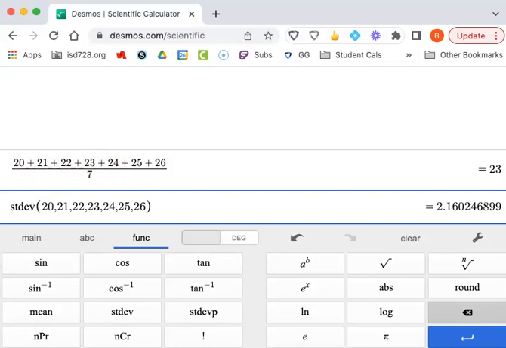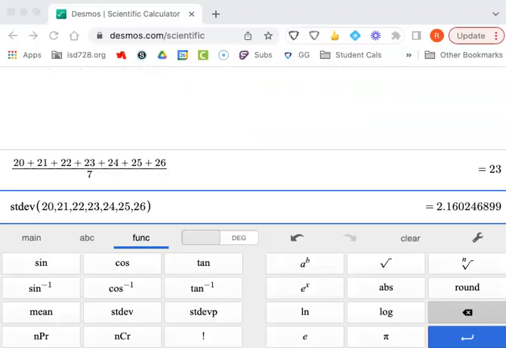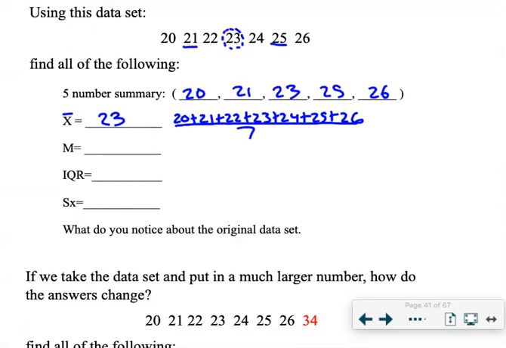So back over here, our average ended up being 23, and we found the standard deviation. That standard deviation was 2.16. So that's going to be this one right here.